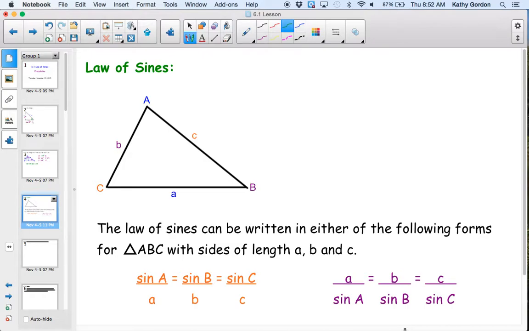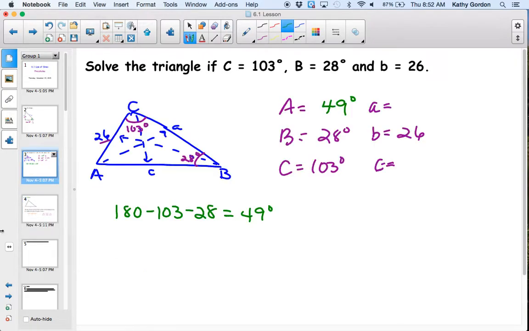Okay? So if we go back to this problem, if I now want to look for side A, I start by setting up the first ratio using the sine of the 28 degrees and putting it over the 26, because that's an angle and a side that are across from each other that I already know.